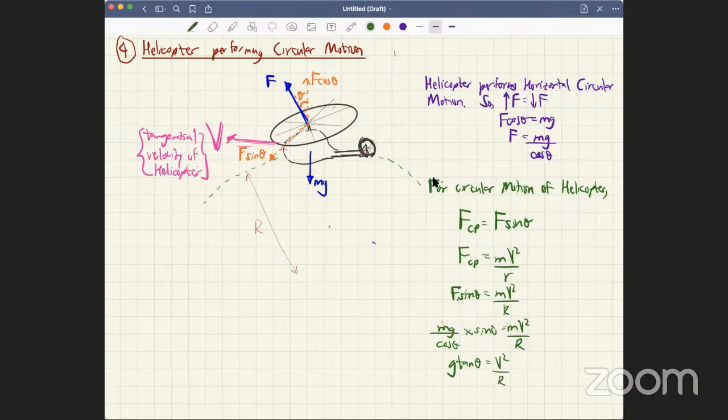So when a helicopter hovers, what does that mean? What is the meaning of hovers? I have heard that word. Obviously, it's not a horizontal circular motion.